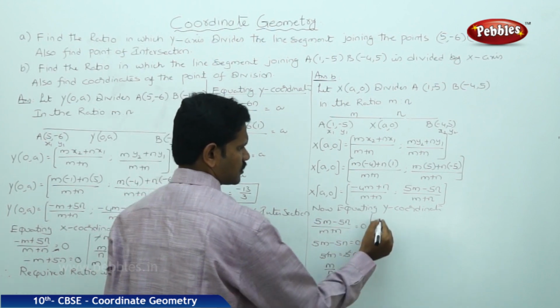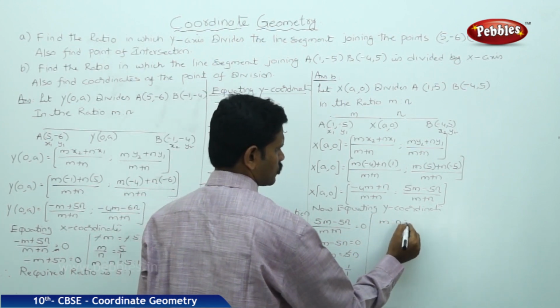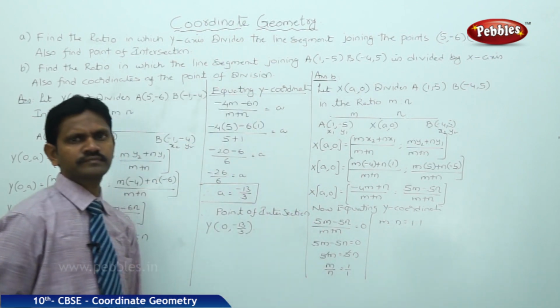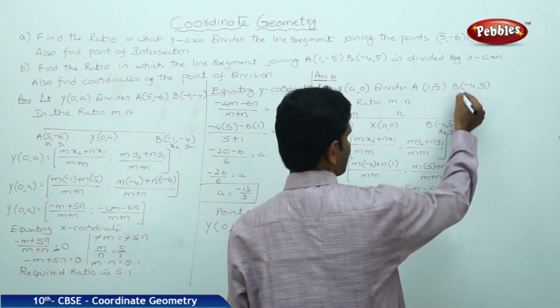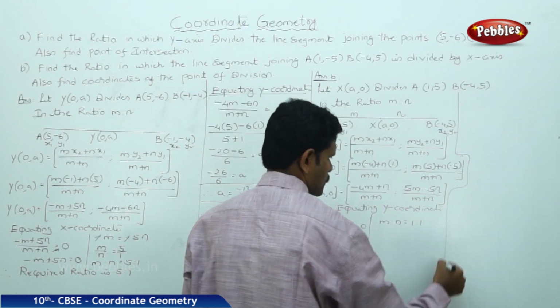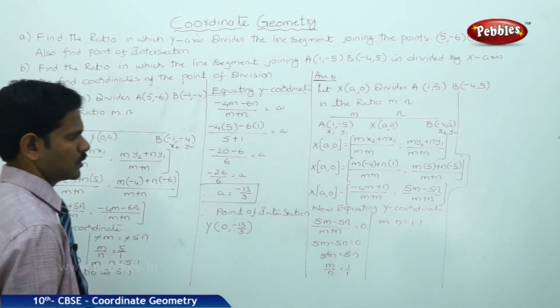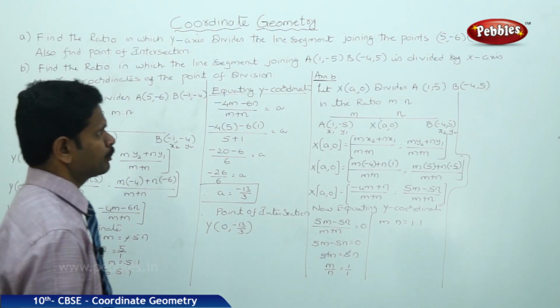That is, m is to n is equal to 1 is to 1.